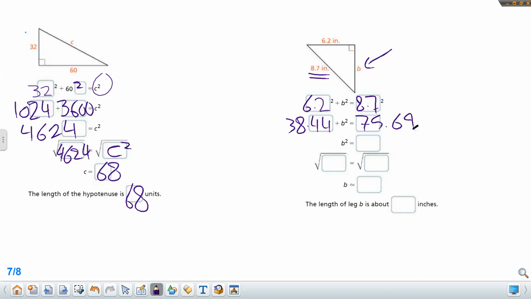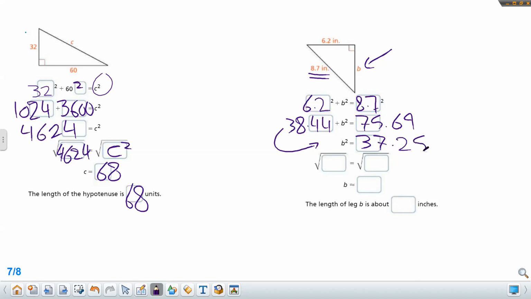And how to find b square individually on a side? By moving 38.44 to the other side, to be 75.69 minus 38.44, it will be 37.25.